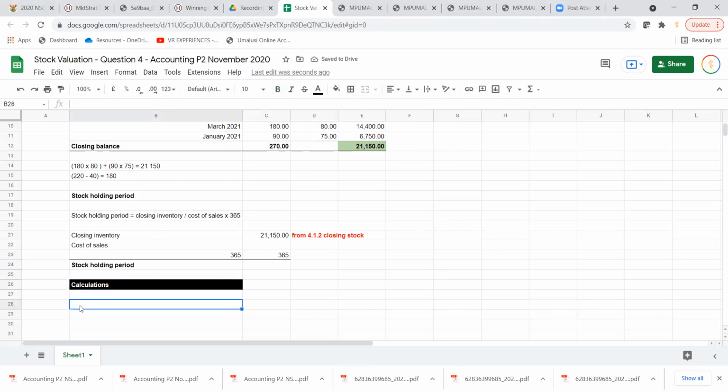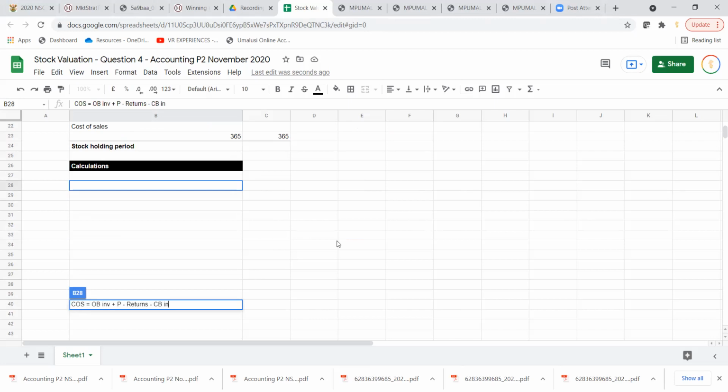Okay, so the way we work out cost of sales equals opening inventory plus purchases minus returns, okay, minus closing balance inventory. Okay, so that's how you work out cost of sales. So cost of sales, how do you work it out?